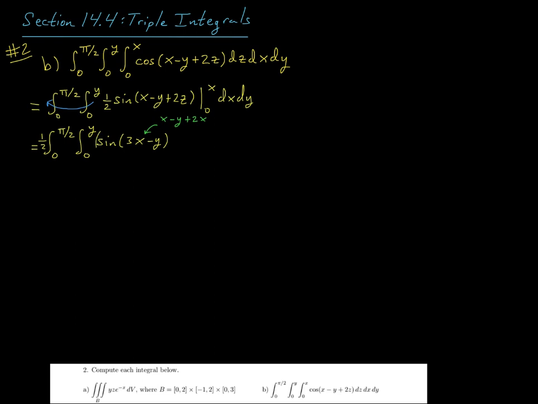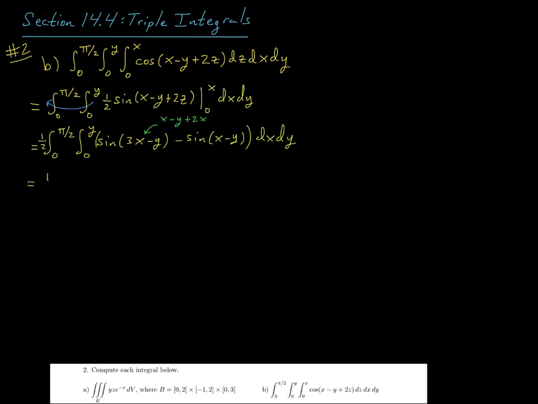Now if I plug 0 in for z, what is that going to give us? That's a little simpler. It's just going to give us x minus y. And then we have our dx dy.